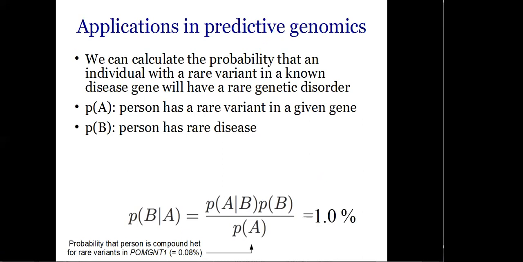I just wanted to highlight that due to the extremely low numbers for the prevalence of the disease and how rarely these genes contain rare variation, even if you're compound Het for this known disease gene, you have a very low chance of developing congenital muscular dystrophy. Obviously, this would be for prenatal testing. If you were born, you'd already know.